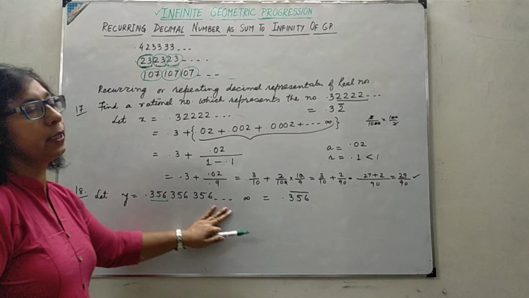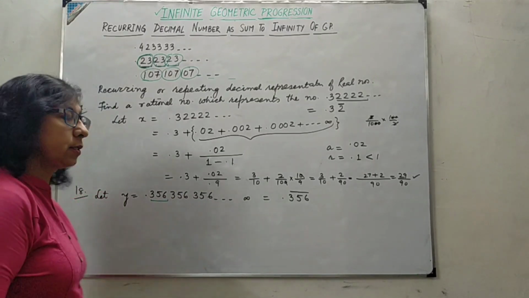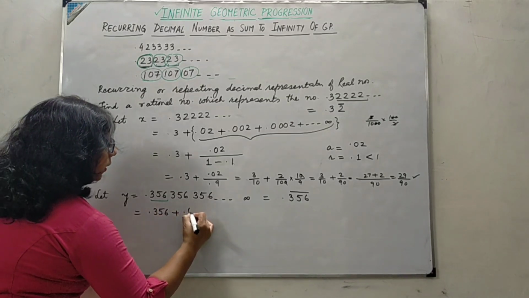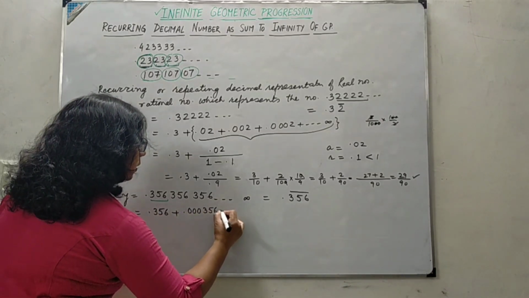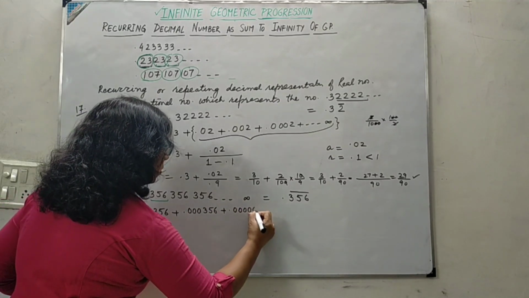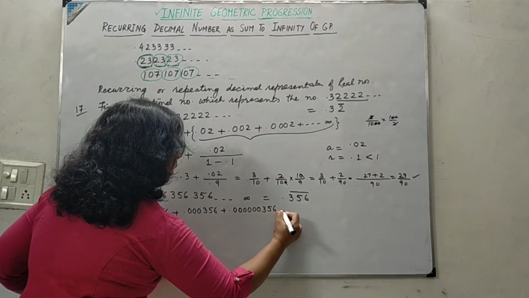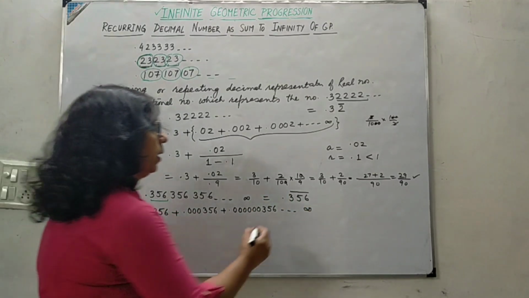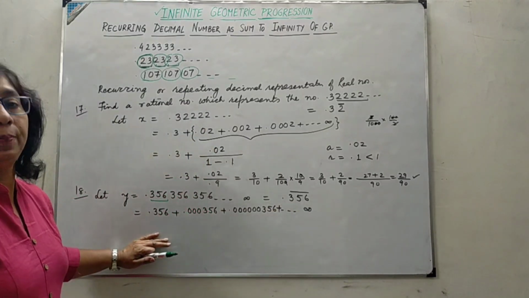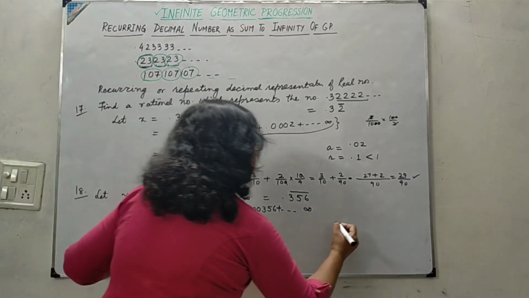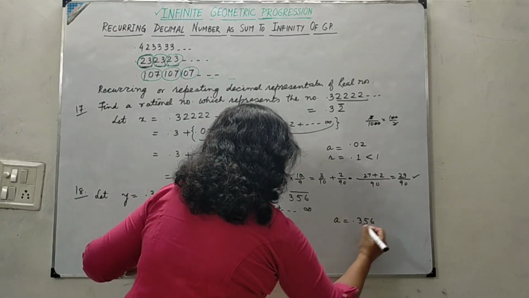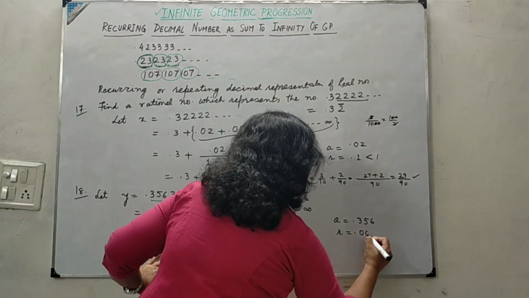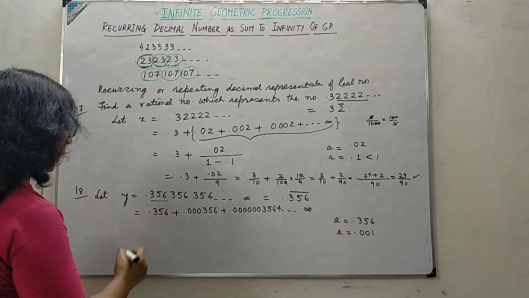So now there are 3 digits, means after 3 digits this is becoming periodic. So I can write this as 0.356 plus 0.000356 plus 0.00000356 and so on up till infinity. So now you can see over here, this is again an infinite GP. How? This first term here is 0.356 and the common ratio here is 0.001. You can check it.